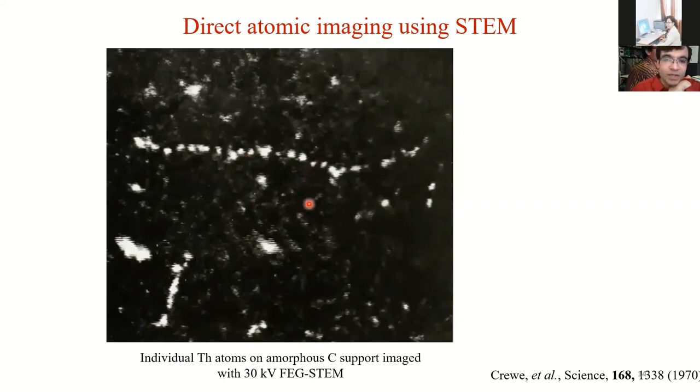This image shows thorium atoms on an amorphous carbon support. This was possible because there was, at that time, the field emission gun, which has very low energy spread and gives you better resolution compared to a thermionic emission gun. This image was recorded at a 30 kV STEM in the 70s.